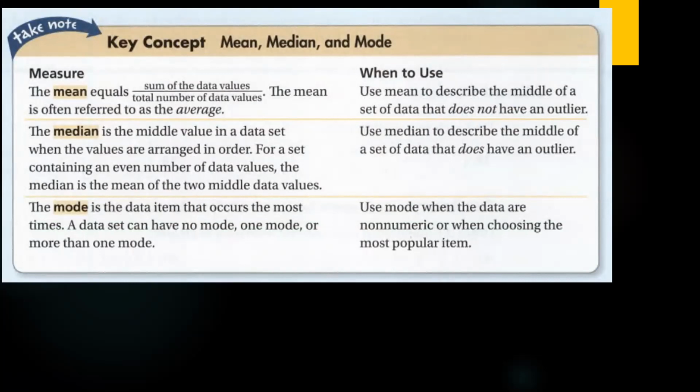Now let's talk about the median. From its name, to distinguish between median and mode, look at letter D here. Since letter D is in the middle, that means I'm talking about a middle value.